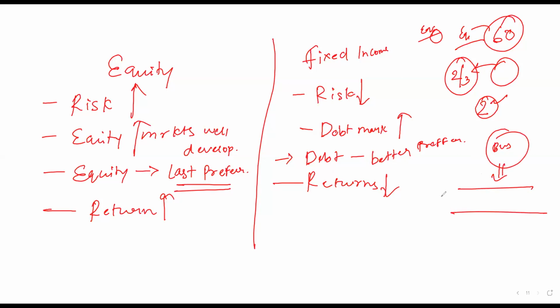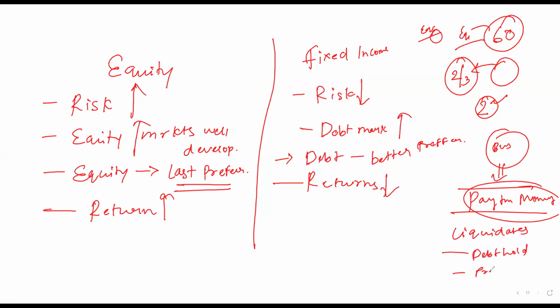Even Paytm Money is a website where I saw while browsing that they offer bonds. So through Paytm Money, you can also invest in bonds. When the business is liquidated, it means that all assets are sold. First of all, debt holders will be paid off. Then preference shareholders will be paid off. And then equity holders will be paid off.